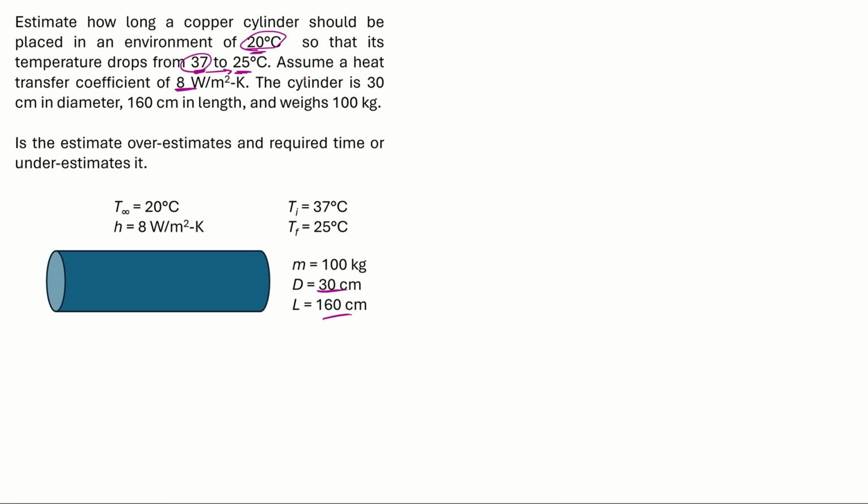So you have to calculate a few things here. You have to calculate the surface area for the cylinder, so that you get the density, you get the characteristic length. This is the perimeter times the length, plus the areas of the top and bottom, assuming that everything is exposed to the air.